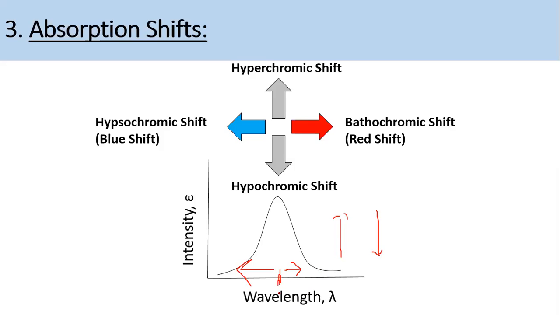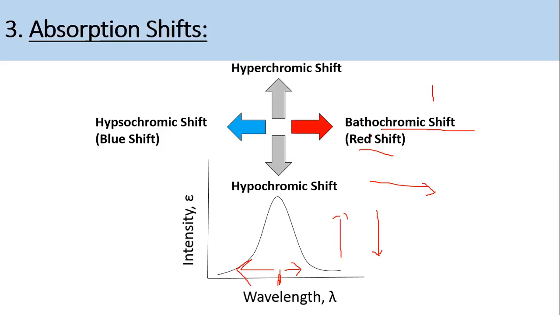When the wavelength is increased to the higher side, it is called a bathochromic shift. So first is the bathochromic shift, also known as a red shift because it shifts the spectrum to the red wavelength, which is the longer wavelength.